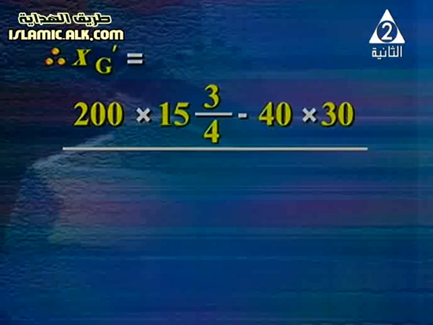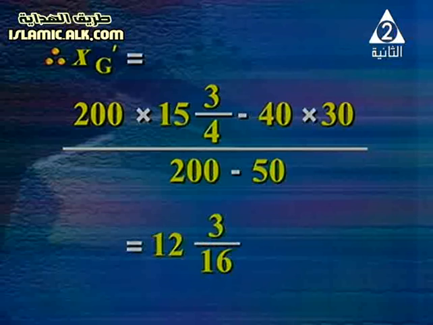By using the rule, we find X G dash equals 200 times 15 and 3/4 minus 40 times 30, over the sum 200 minus 40. The answer is 12 and 3 over 16.